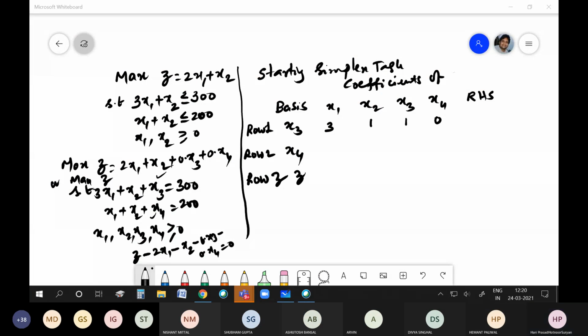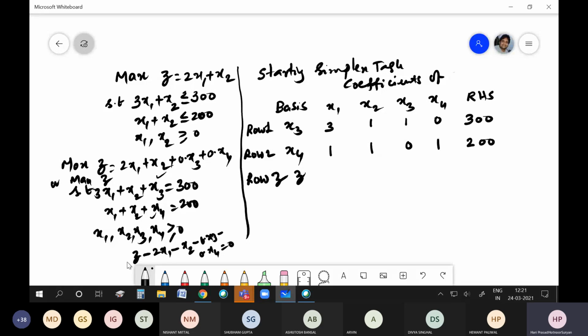Okay. So 300. So for row 2, the coefficient of x1 is 1, x2 is 1, x3 is 0, x4 is 1, and the right hand side is 200.